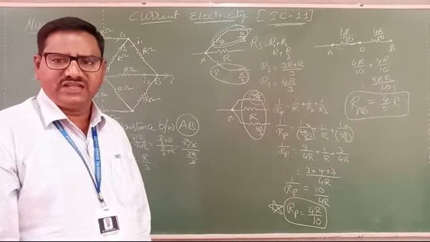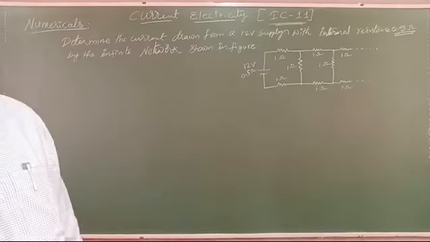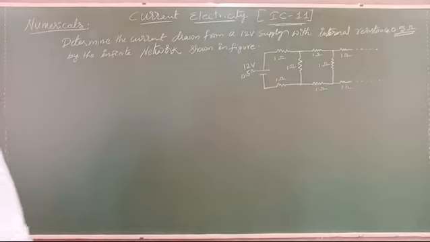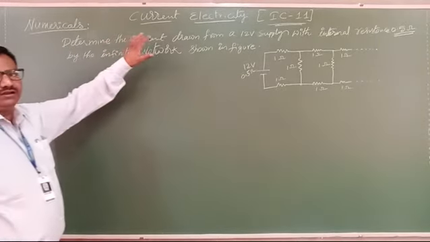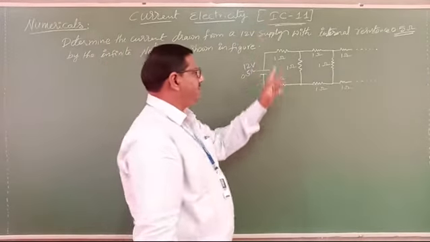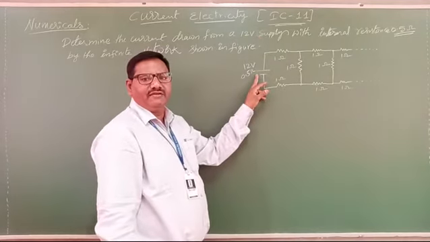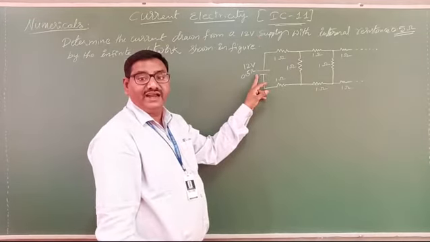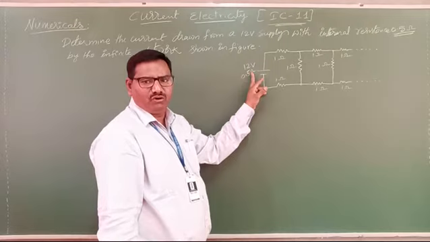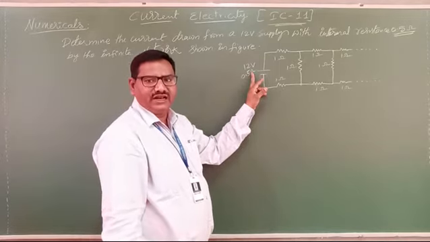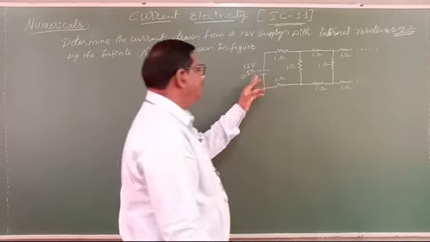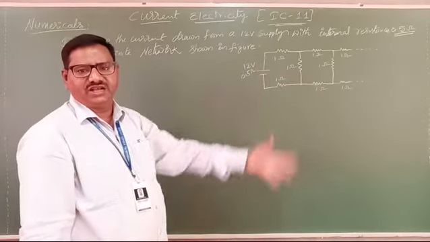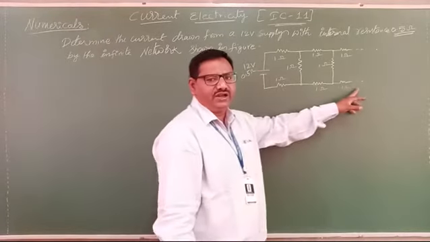Clear now? Next one is, in this problem, see that, determine the current drawn from the 12 volt supply. Here, how much is the supply given? 12 volt, with internal resistance 0.5 ohm. Clear? In these infinite circuits, they are given continuously.